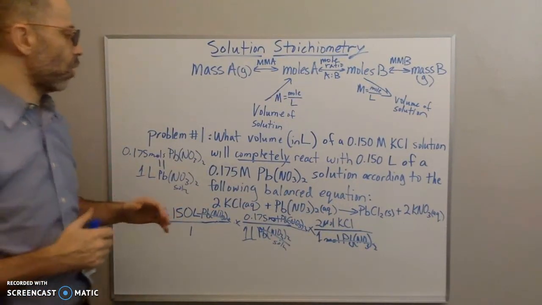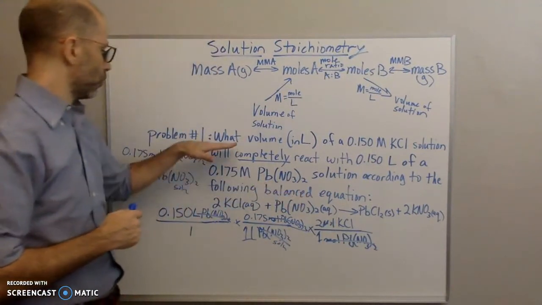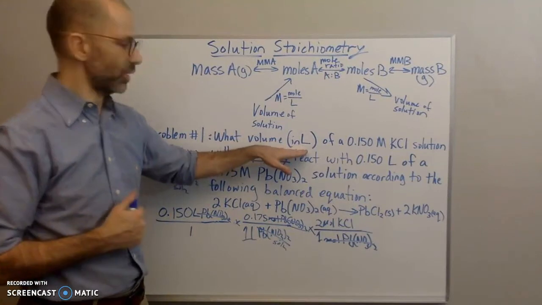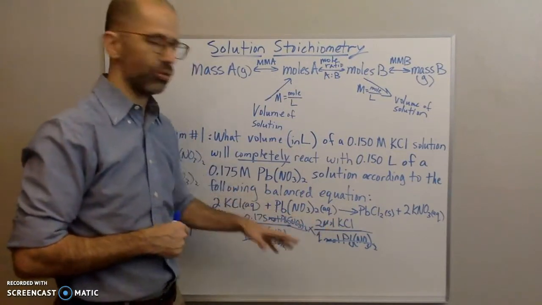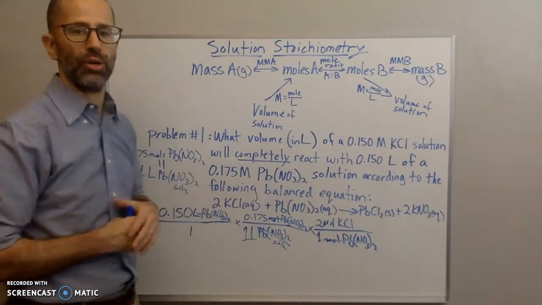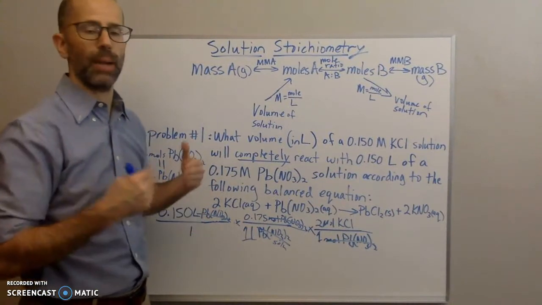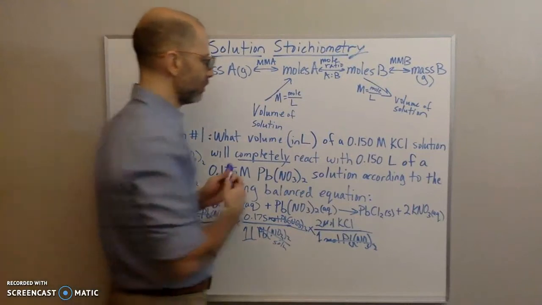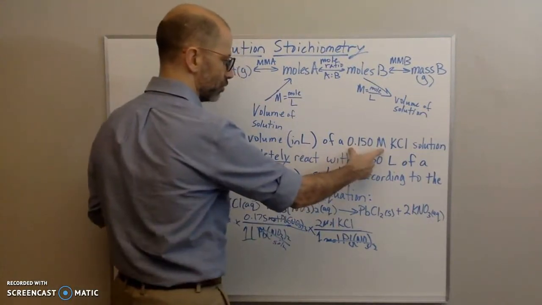What do we want? We don't want moles of KCl, but we want volume in liters of the KCl solution. So to go from moles to liters of solution, I'm now going to use my molarity as a conversion factor. So they gave me the molarity of the KCl solution.